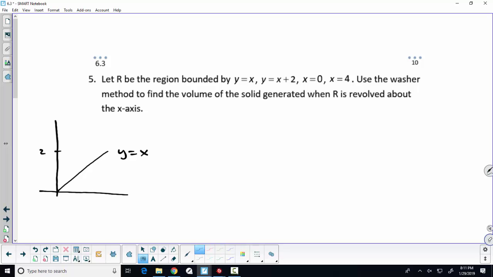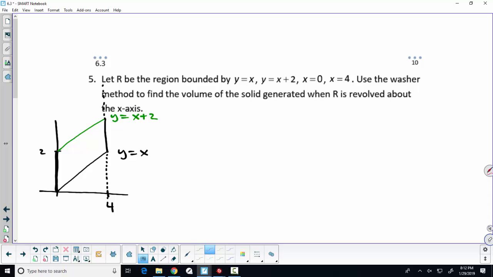There's 2, and say this is 4 right here. I mean, really, it's the line here. So there's our region.